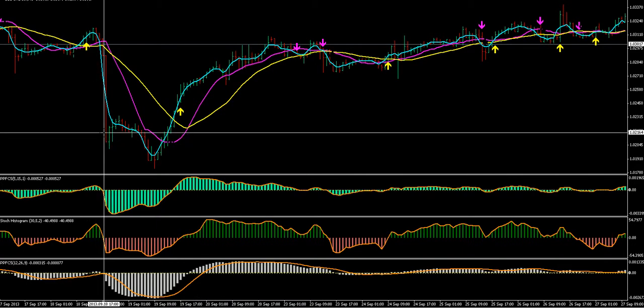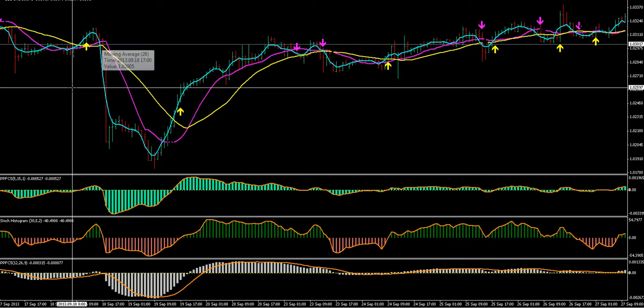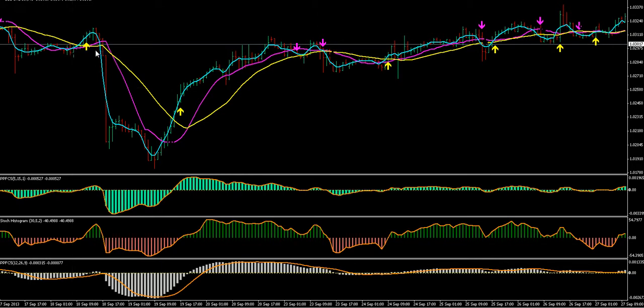I draw my crosshairs right there, and you can see it's about a bar after the cross because these moving averages are lagging indicators, which means these indicators are 1 bar behind.